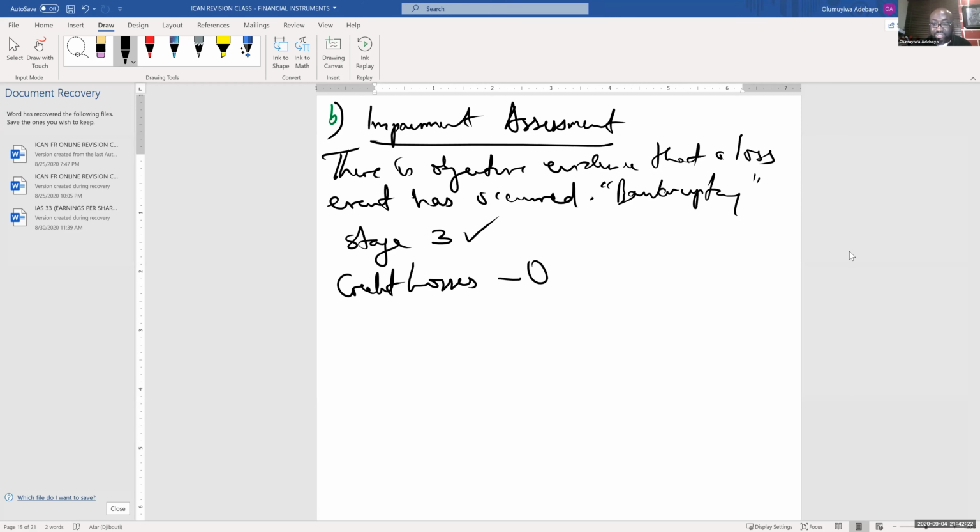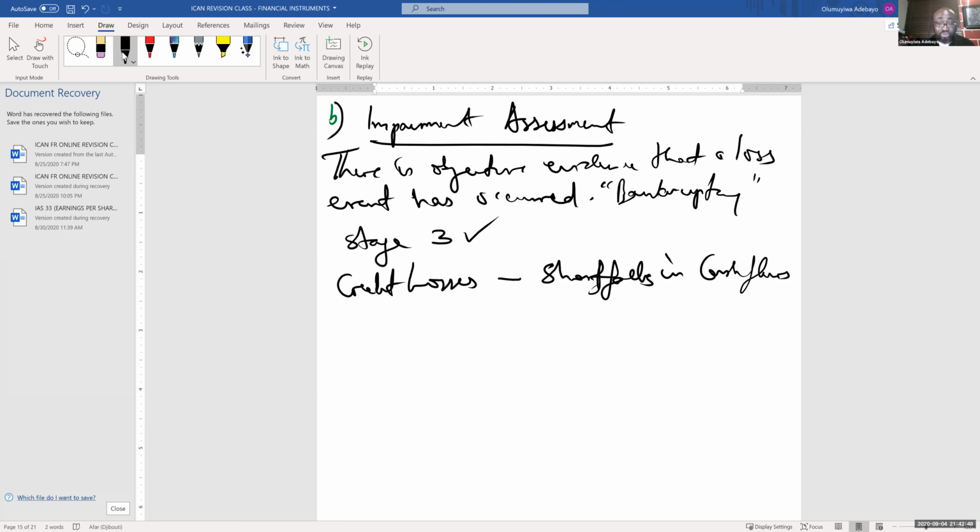We need to estimate our credit losses. What is our credit losses? Which is the shortfall. Our credit losses are the shortfalls in the cash flows.